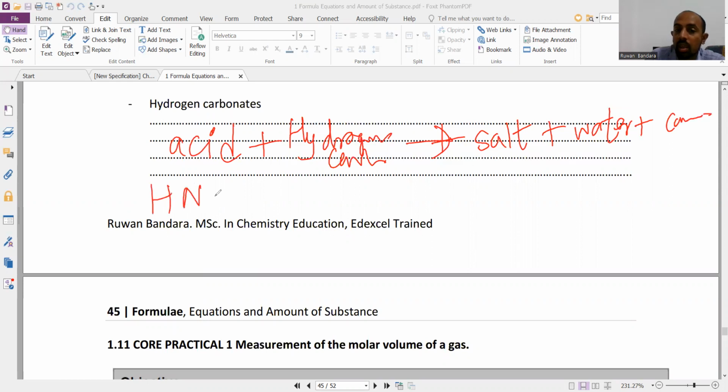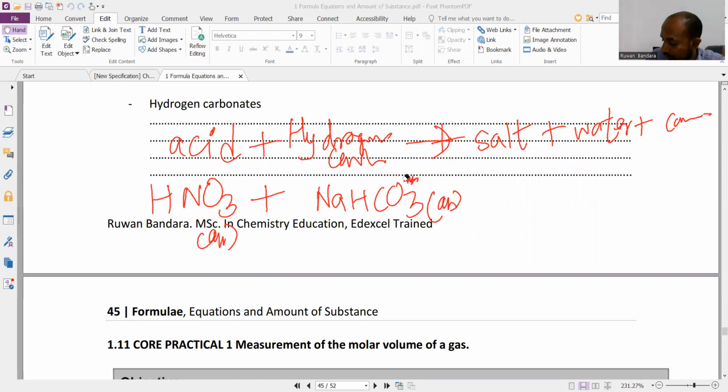Now, here, all the hydrogen carbonates are usually soluble. Therefore, you will end up with one type of ionic equation. There is carbon dioxide, right? Last one.